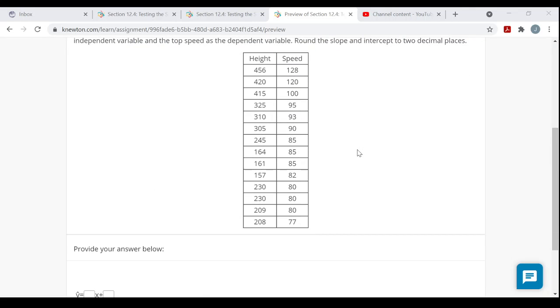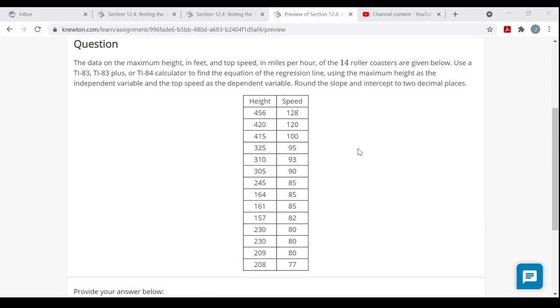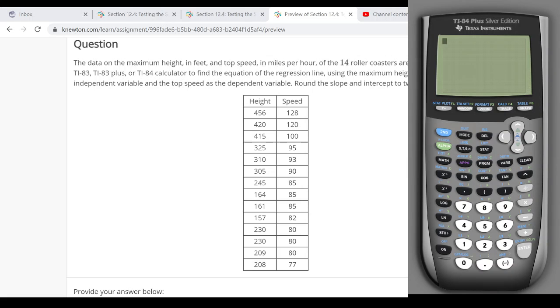All right. So again, this just involves entering lists of data. So I go stat, edit, and then down I've got my cleared lists here. Down list L1, I'll enter my independent variable values, all these heights of the roller coasters, and then their corresponding top speeds down list L2 for the values of the dependent variable, the y coordinates.